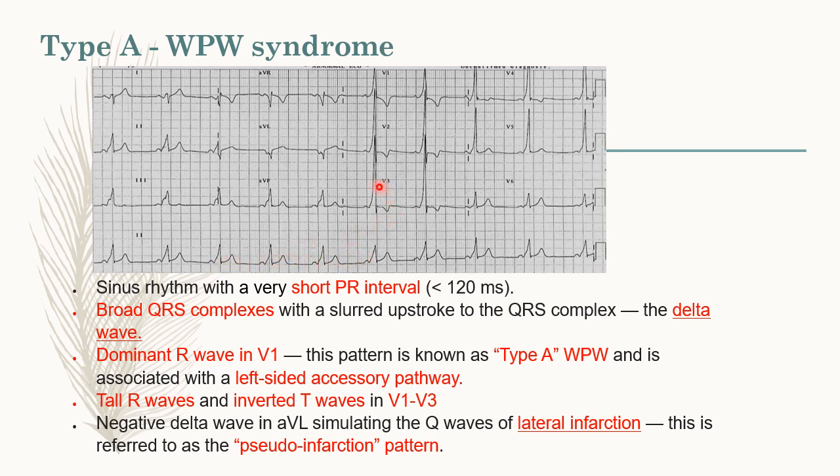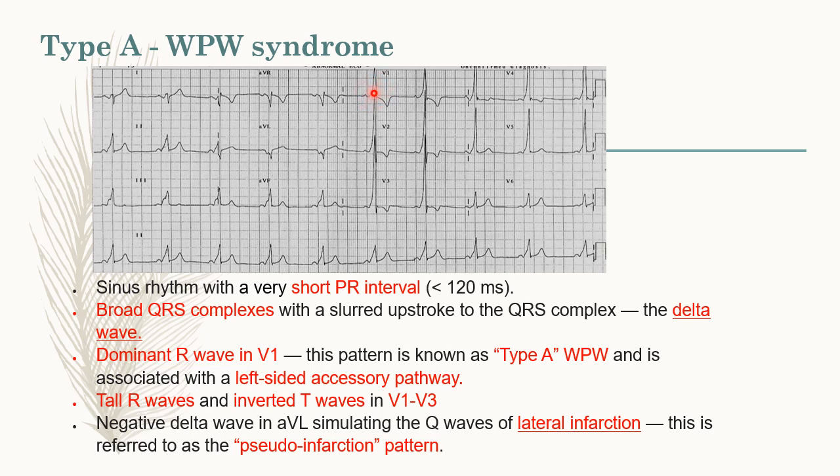Broad QRS complexes with a slurred upstroke to the QRS complex, the delta waves. Dominant R wave in V1. This pattern is known as type A WPW and is associated with a left side accessory pathway.